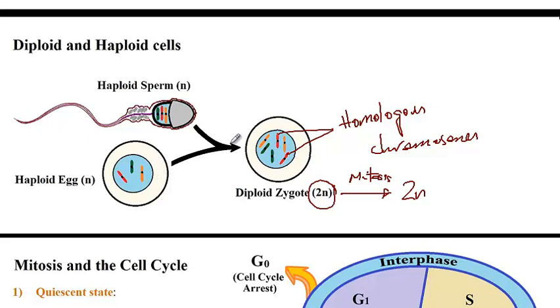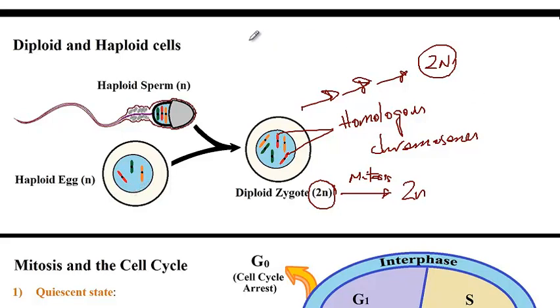Therefore, once these two gametes combine, a sperm combining with an egg, that's the time that we get a zygote, which is a diploid. And this zygote will undergo multiple replications until eventually it gives rise to organisms, like humans, for instance. And so our body has 2N chromosomes, except for the haploid sperm or haploid eggs that are produced by germline cells.